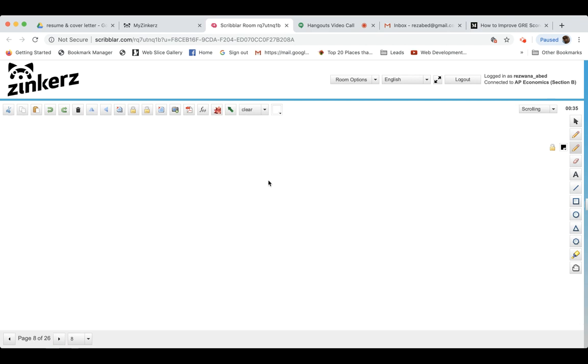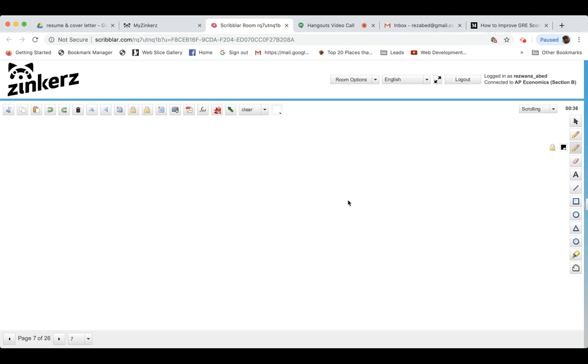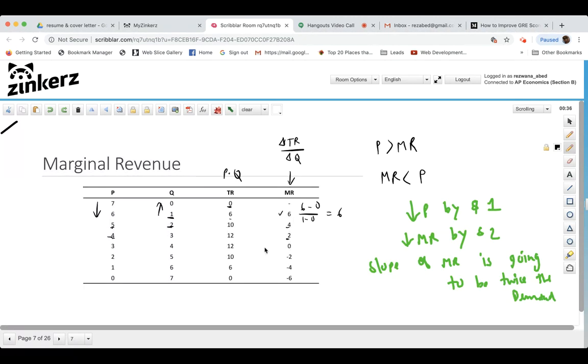We know the marginal revenue starts at 6 at a quantity of 1, and then at a quantity of 2 it's 4, and as you can see from the table, it goes 6, 4, 2, and then between quantities 3 and 4, that's when it becomes 0.